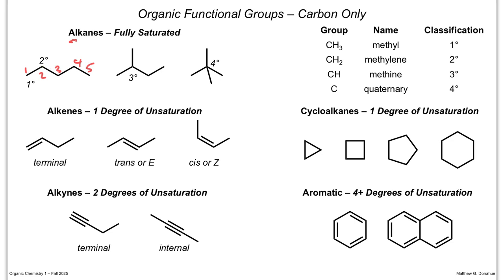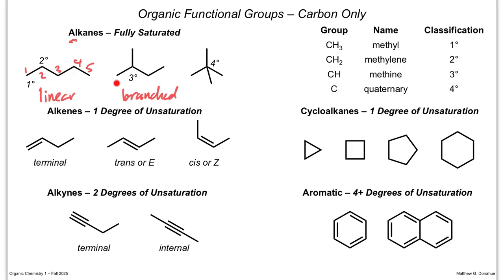So carbons 2, 3, and 4, those are all secondary, and then 5 is methyl primary. And then we made this, so here's a linear compound. And these are branched compounds.